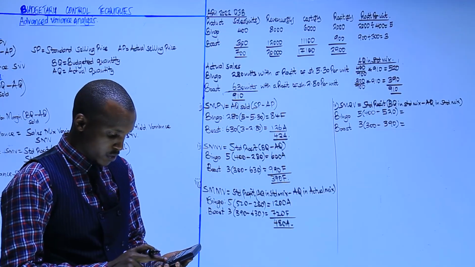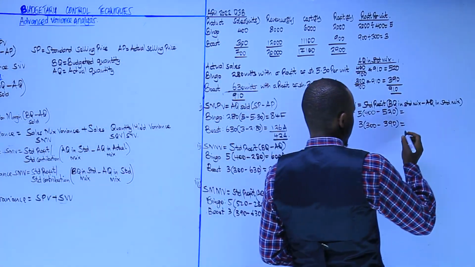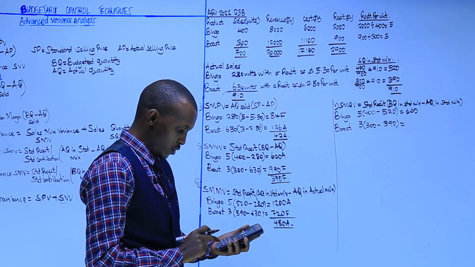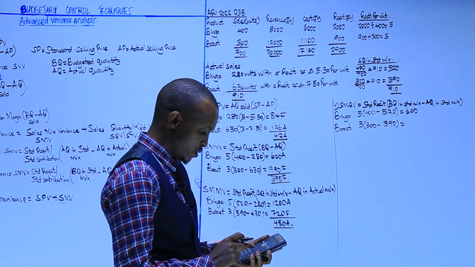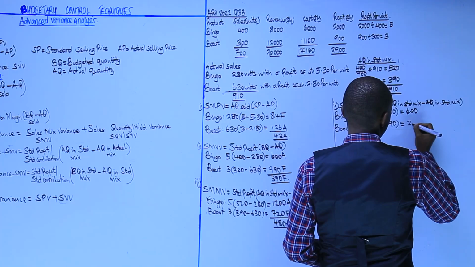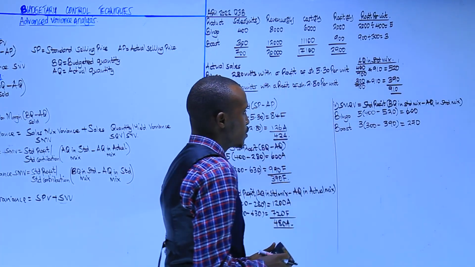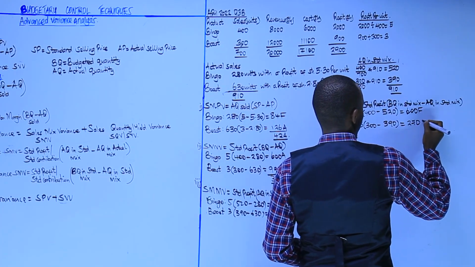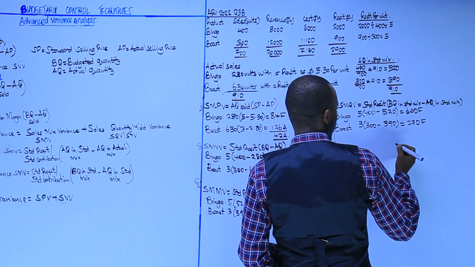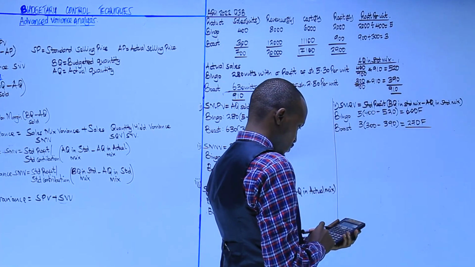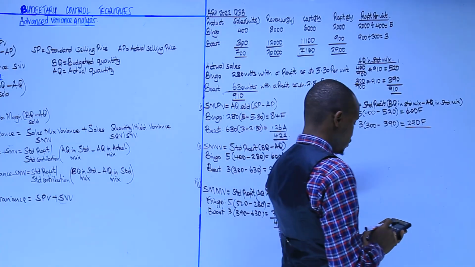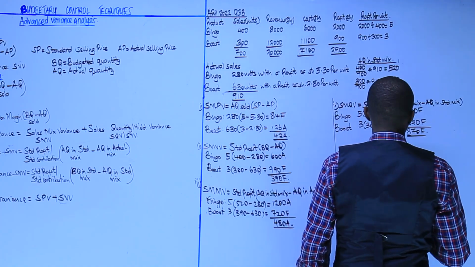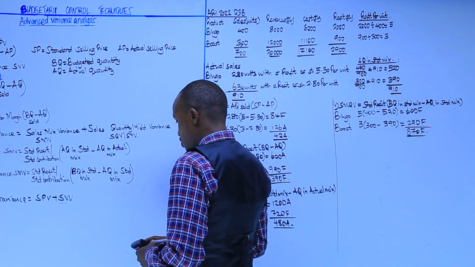400 minus 520, 300 minus 390. Favorable. Total 870, which you're going to say is what?